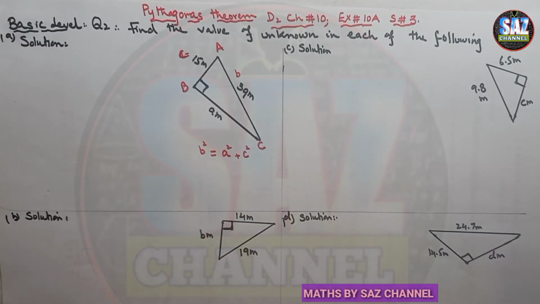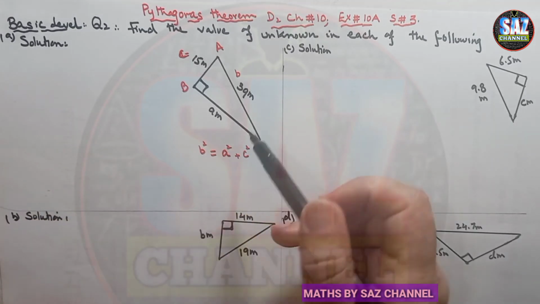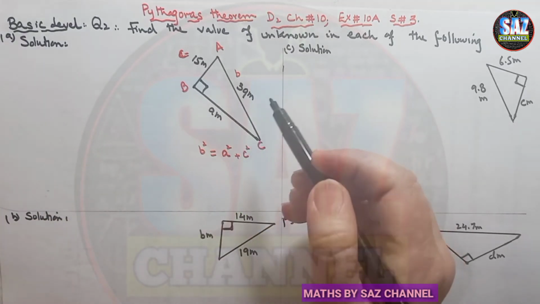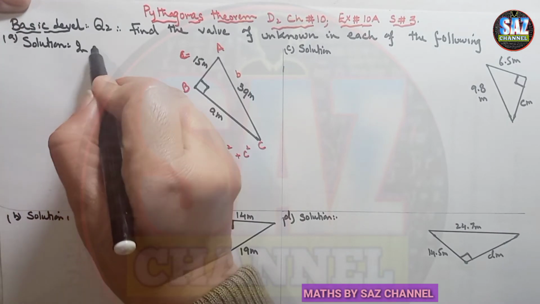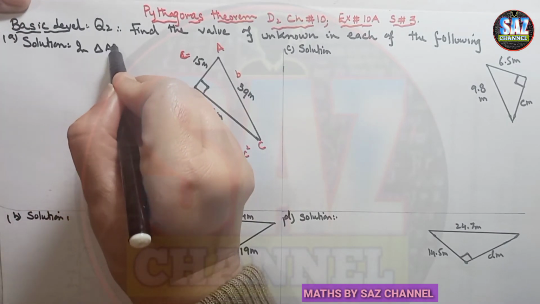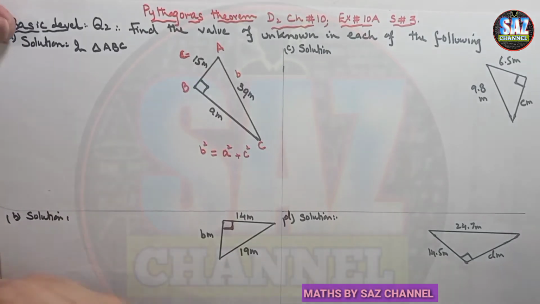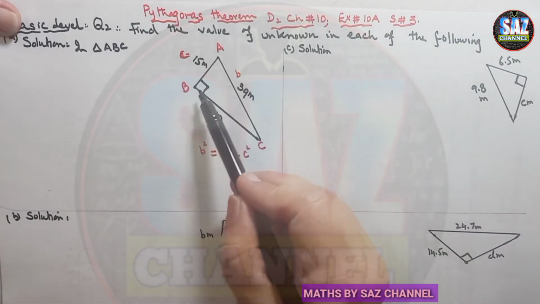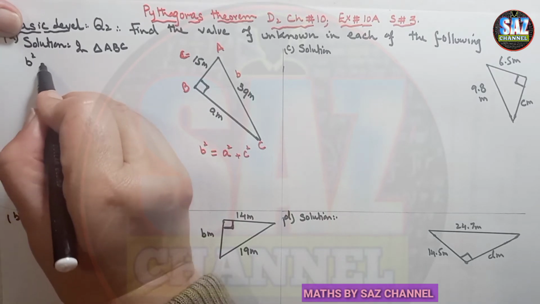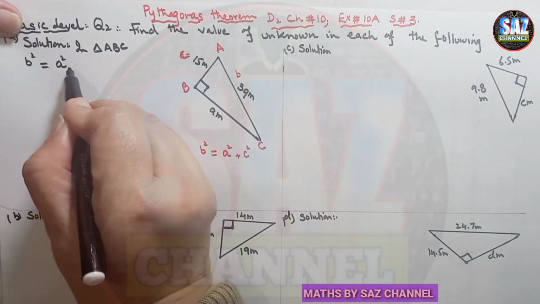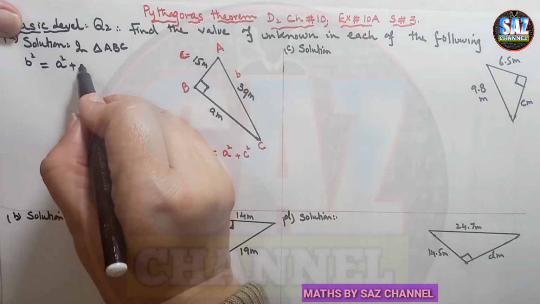Now we have to move to the solution space. In triangle ABC, hypotenuse square, that is B square, equals A square plus C square.